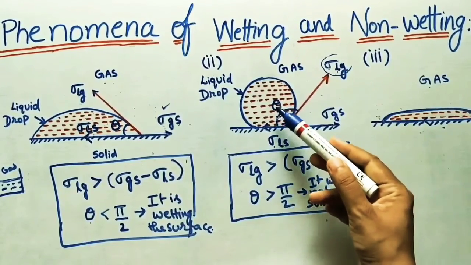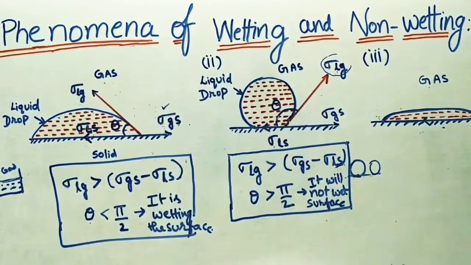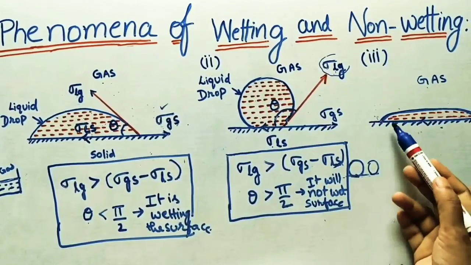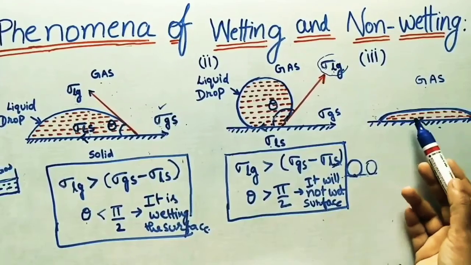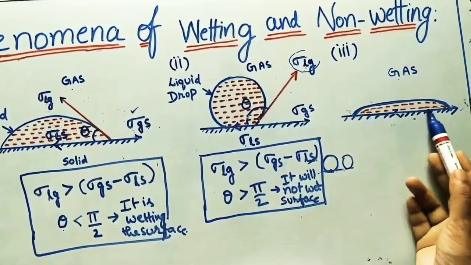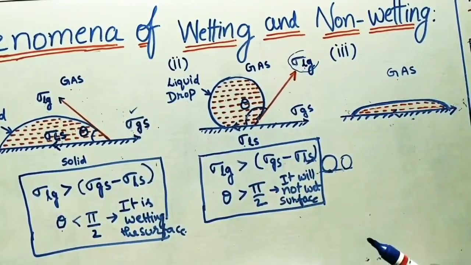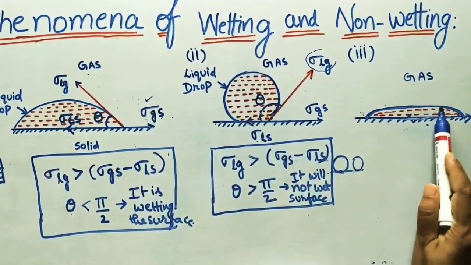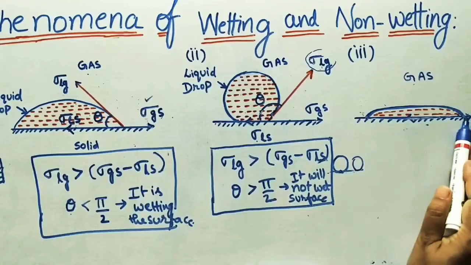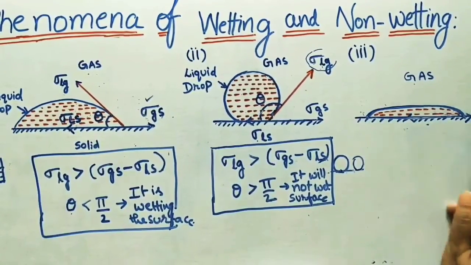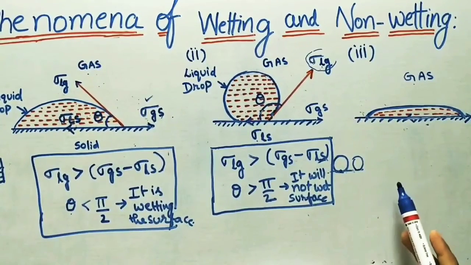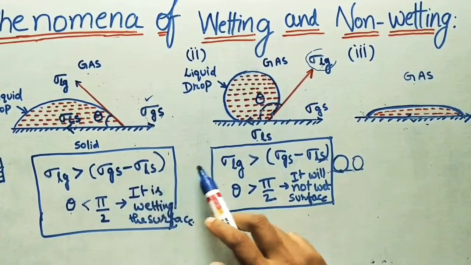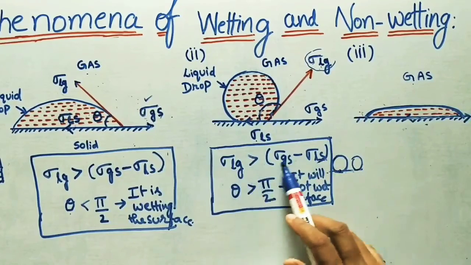So we are not using this phenomenon for designing cooling towers. We are using this phenomenon. If you are taking the third case, here the liquid is spreading on the surface. Whatever liquid we are taking, it will spread on the surface. There is no particular shape for this, so it is not in equilibrium. For the equilibrium condition, it should satisfy this condition.